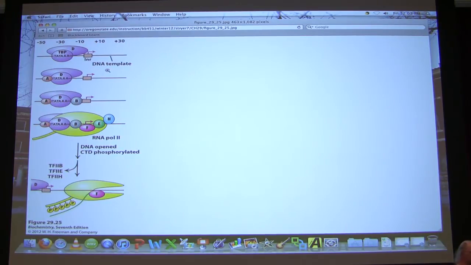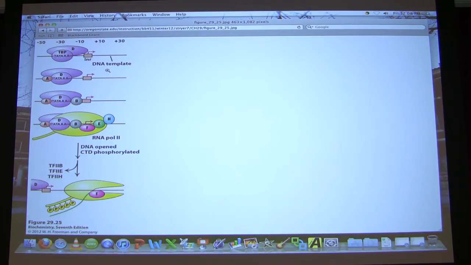That's a Roman numeral 2, TF2D. TF stands for transcription factor, 2 refers to RNA polymerase II, and D is just the name of the protein. Okay? So TF2D contains proteins, and one of those is the TATA-Binding protein. TF2D is the first transcription factor that's binding to this promoter.